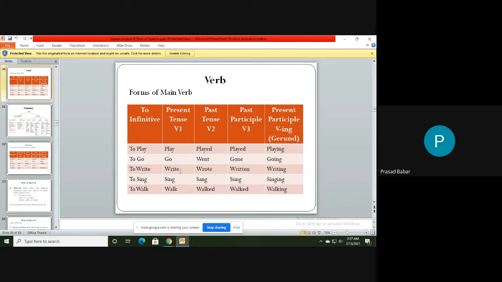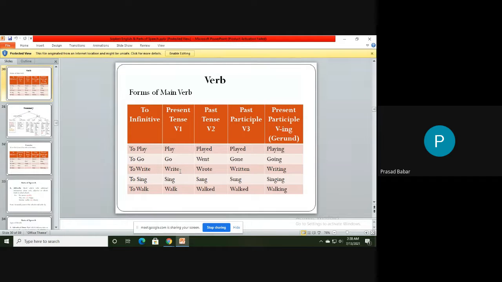Which are they? They are to infinitive, then second is present tense, third is past tense, fourth is past participle, and fifth is present participle or VING form.